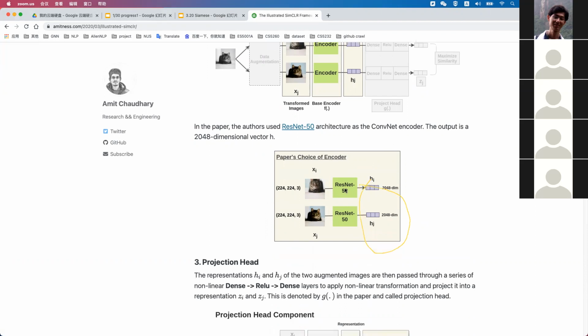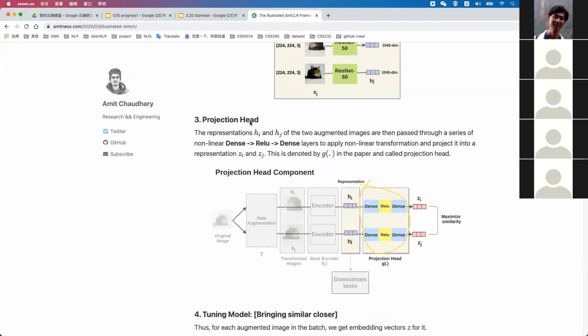After this, we go to the projection head because you now want to have some latent vector, latent information of the picture. The projection head used by CMCR is dense, ReLU and dense. Then it maximizes the similarity of the 2 latent vectors.